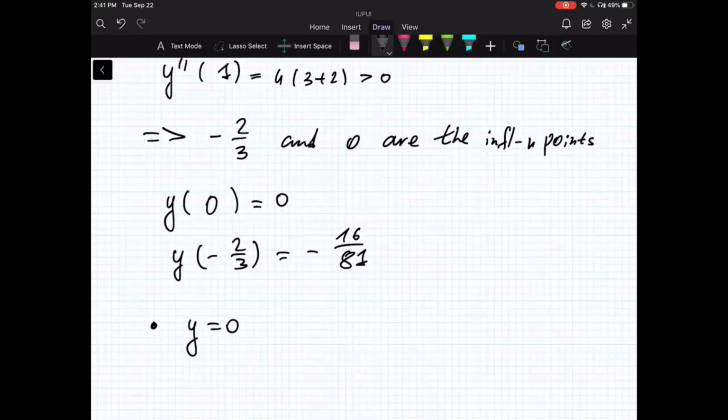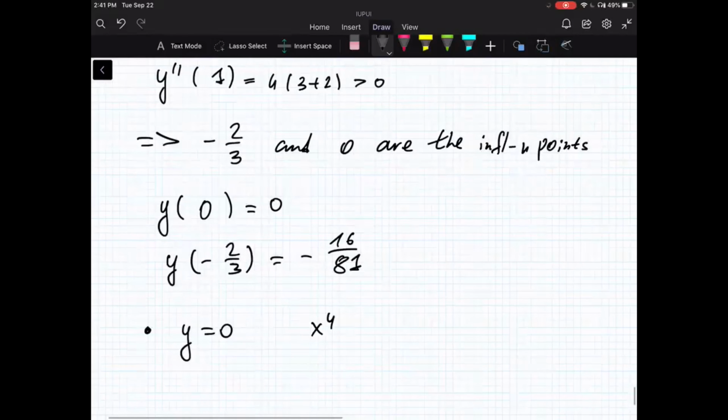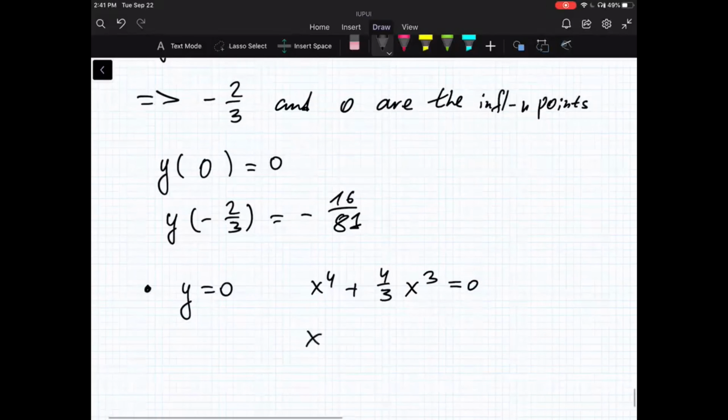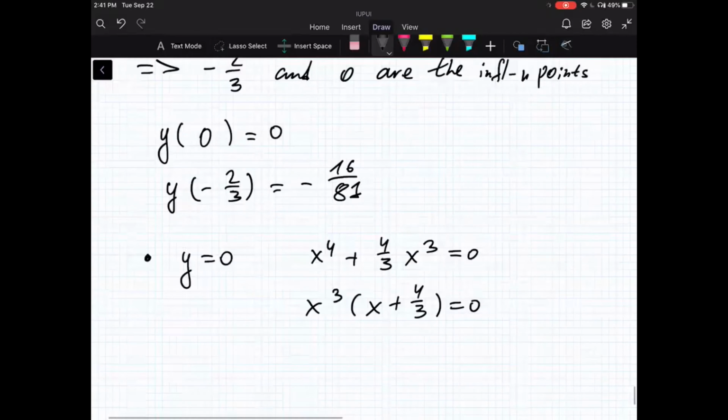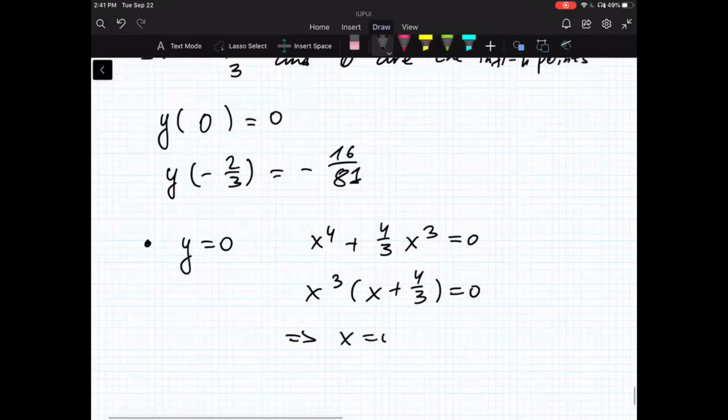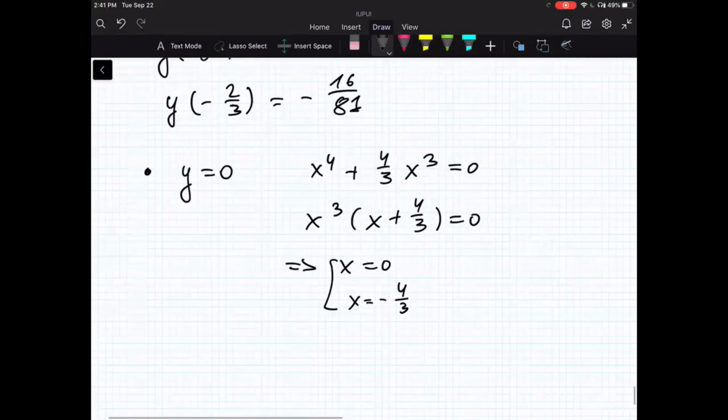So our function is x to the power 4 plus 4/3 x cubed equal to 0, and I can factorize it like that: x cubed times (x plus 4/3) is equal to 0. It gives me that x equals 0, that's what we found already, or x is equal to -4/3. And that's it. Let's draw the graph.